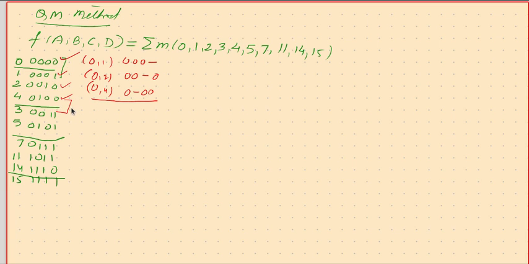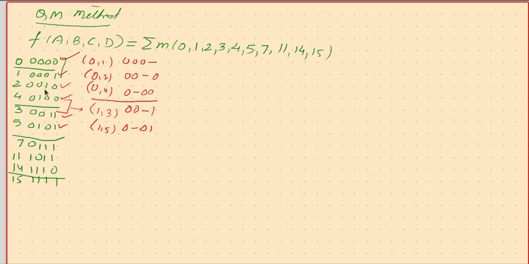Now between these two groups, 1 and 3, yes, it is possible, and it is 0 0 dash 1. So 3 is used. 1 and 5, yes, it is possible, and this is 0 dash 0 1. 5 is also used.